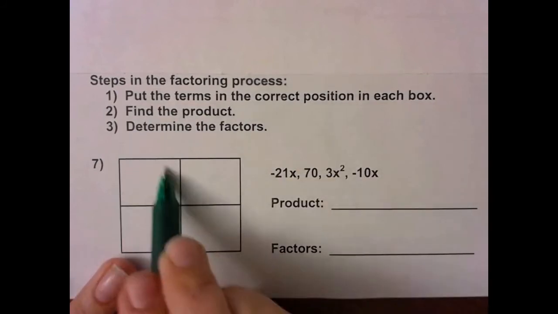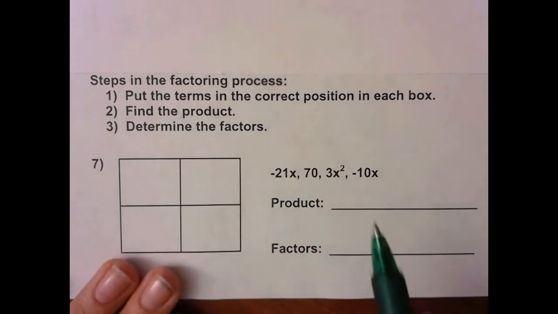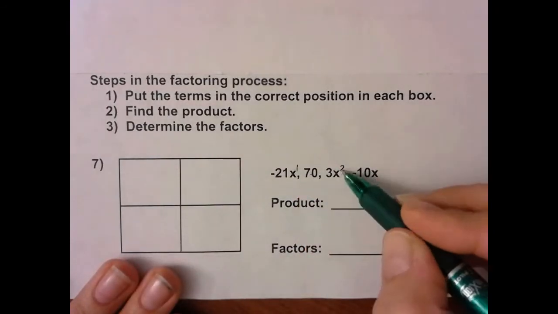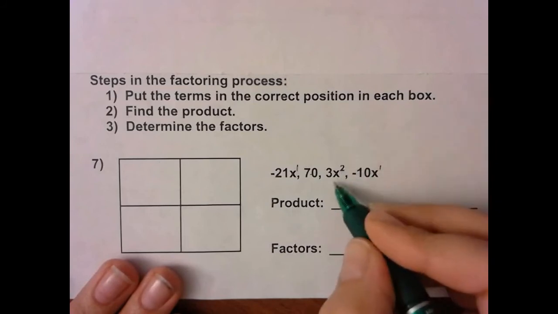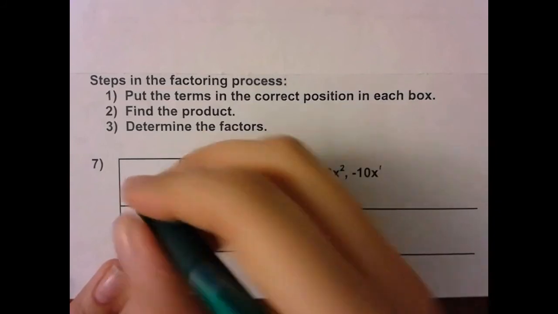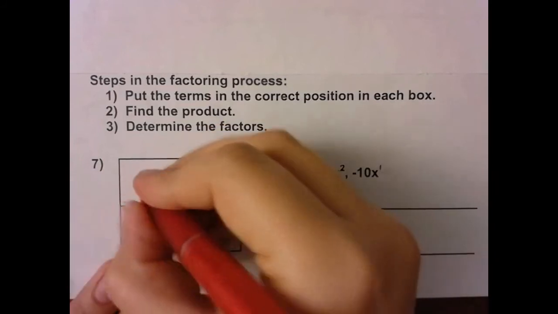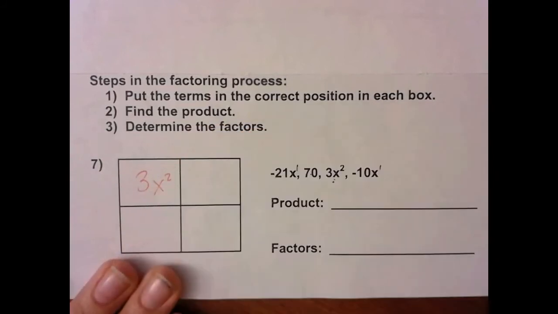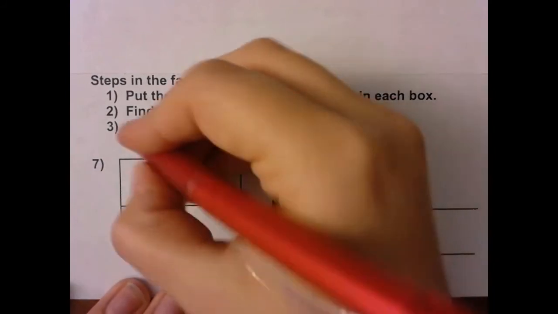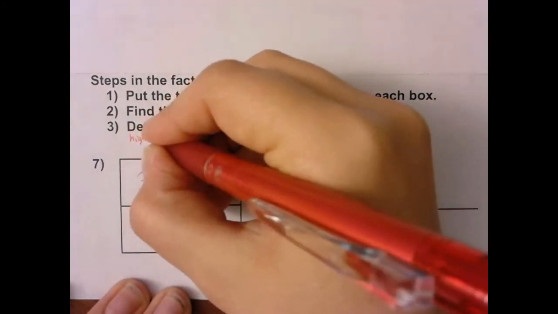This top left box needs the highest degree. So this is degree 1, this is degree 0, degree 2, degree 1. So this is highest degree, so it goes in the top left box. So 3x squared.